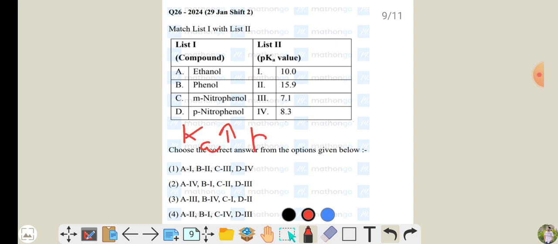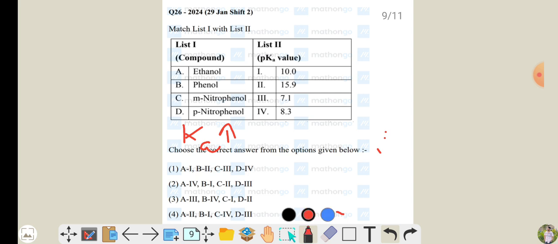means pKa less, and Ka more means acidic more. Just let me write it here. As I have told you, Ka more means what? Ka more means acidic more, you can write it directly.